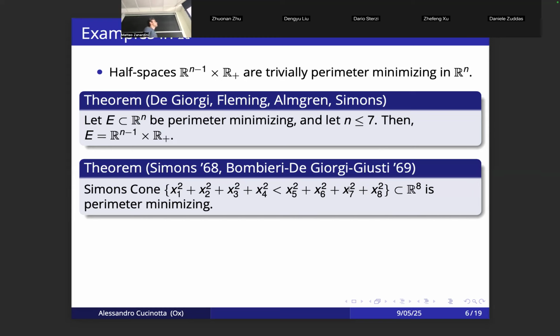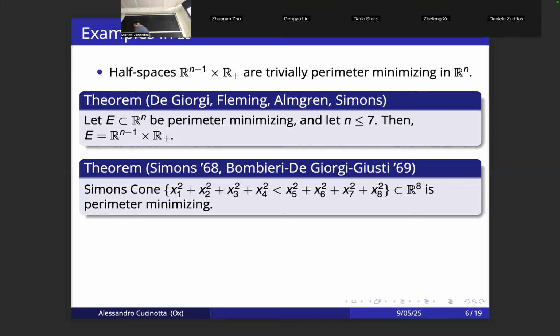The first non-trivial example of a perimeter minimizing set is the so-called Simons cone. We are in R^8, and this is the set such that the norm of the first 4 coordinates is less than the norm of the last 4 coordinates. As you can see, this is a highly non-trivial example. It was first constructed by Simons, which is why it's called Simons cone.